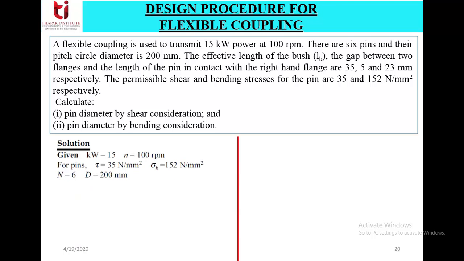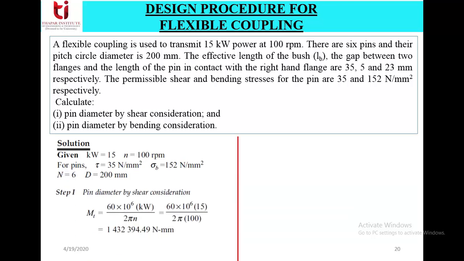We know that pin diameter by shear consideration. First of all, we try to get what is the torque transmitted. So torque transmitted will be 15 kilowatt divided by 2 pi N. So you take care of the units and get torque transmitted as 1432394 Newton mm.